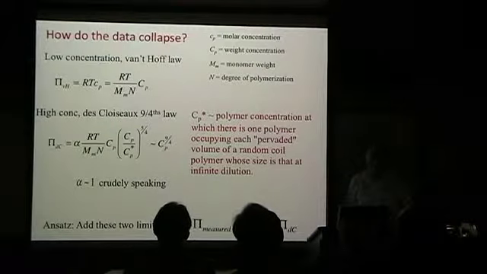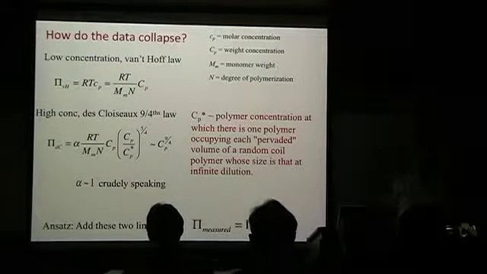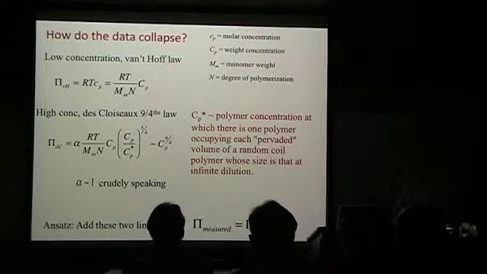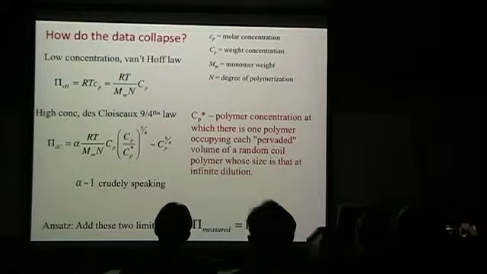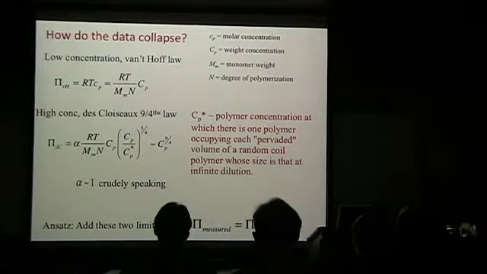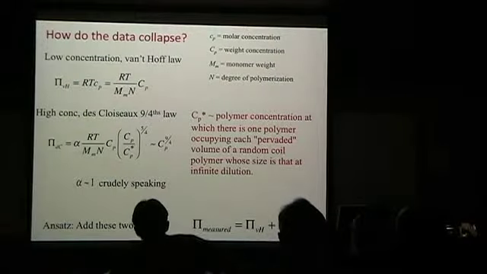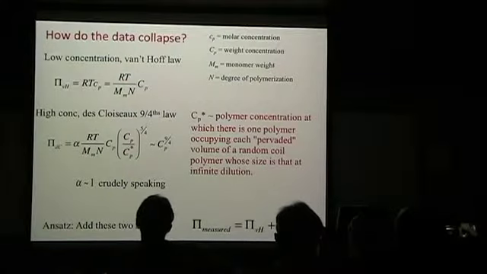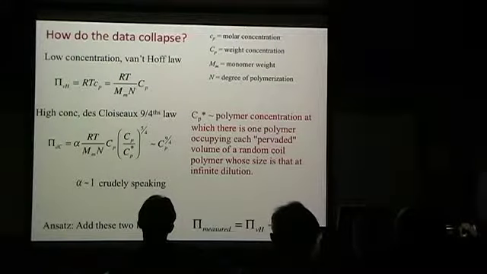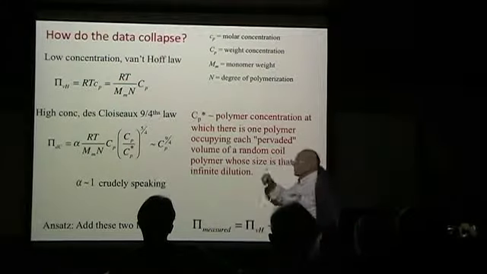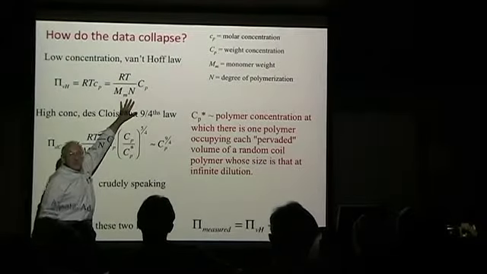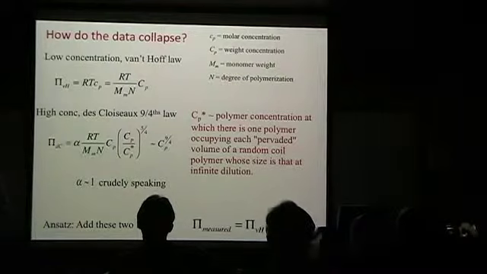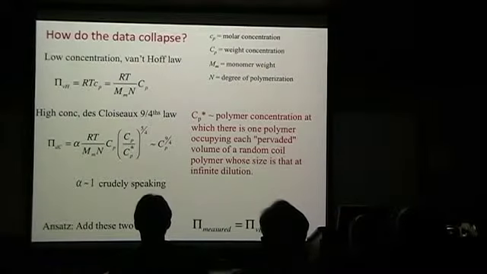And basically what you talk about here is kind of a trick. At very low concentrations, you have this thing called the van 't Hoff law. As I say, it's a version of the ideal gas law. That the pressure is proportional to the concentration. Easy. And it's the weight concentration here, because we want to have weight at both ends of the curve. So you take that weight and divide by the molecular weight of the particle, so you can get a number out of this thing.